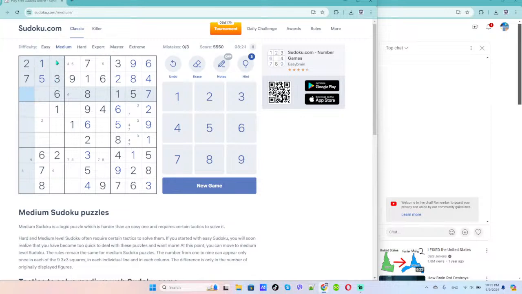Okay, so here there are missing 4, 8, and 9. 8 goes here. Oh, 8 occupies all these two cells. So we put 8 here, 4 and 9, and here or here.